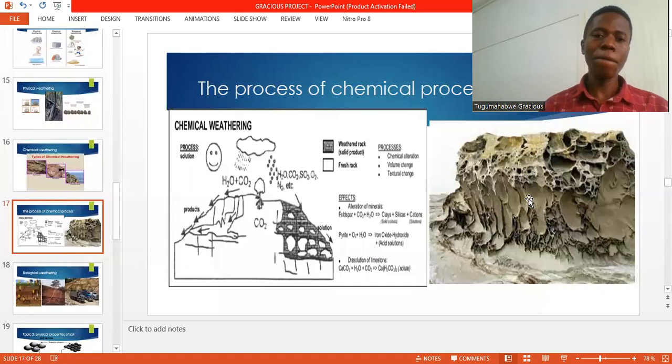showing that chemical weathering, that soil that is formed after the chemical weathering process after it has happened to a rock.